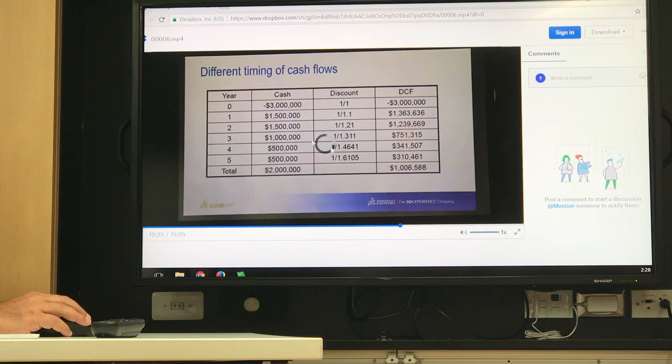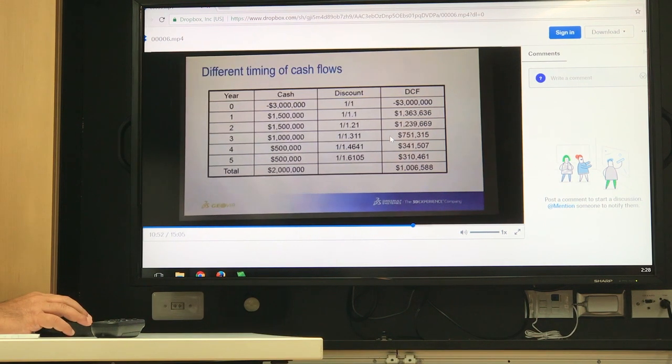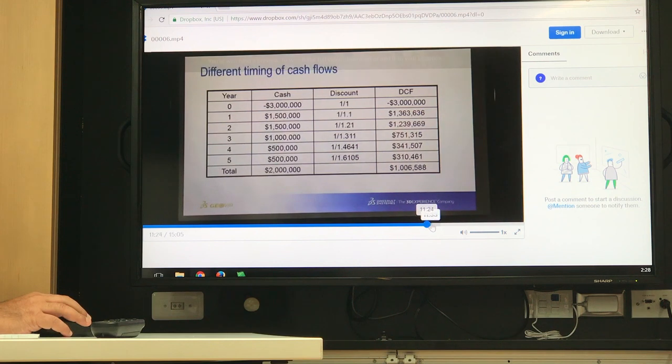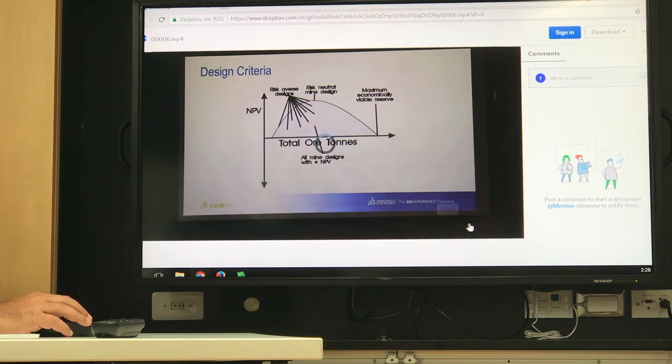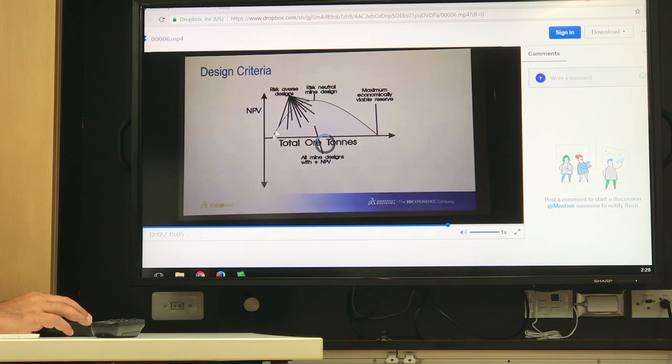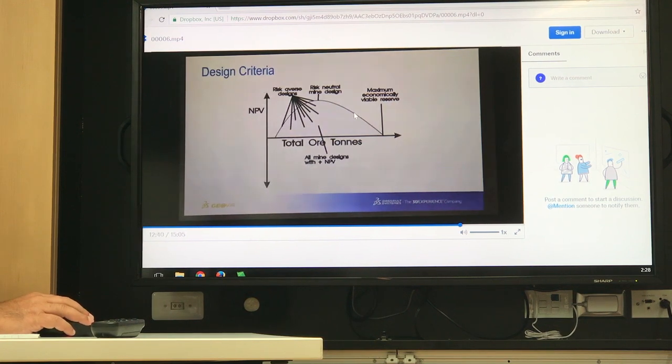As you can see, these are all very basic things that you have already learned in mineral economics and cash flow analysis. As you could see, the production rate could influence the maximum NPV.